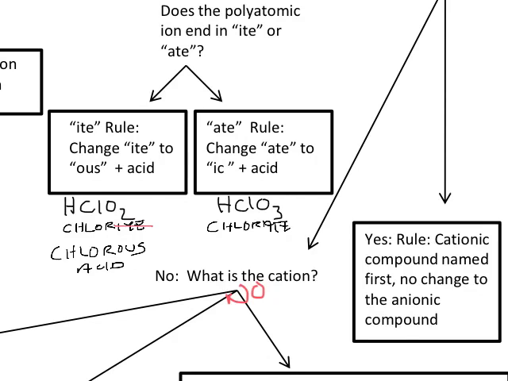And the -ate rule is going to tell us that the -ate gets its ending switched to -ic, so chloric acid. Now you remember a few minutes ago I asked you to store hydrochloric acid in your goldfish brains. This does not have the hydro prefix, so you definitely need to be able to tell HCl apart from HClO3.